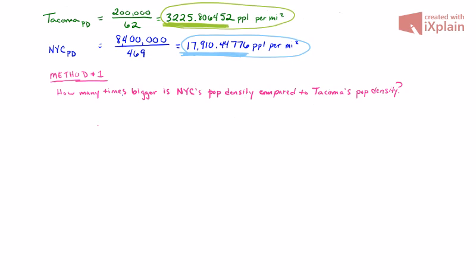So really what we're going to do here is, if I want to know how many times bigger New York's population density is than Tacoma's, I'm going to set this up as New York City's population density to Tacoma's population density, remembering that we use a division bar to represent this ratio.